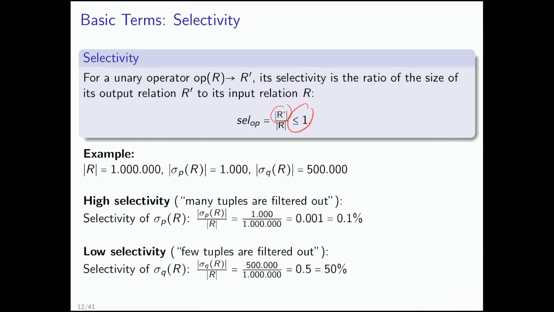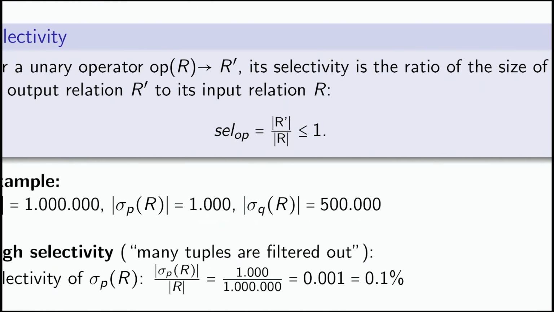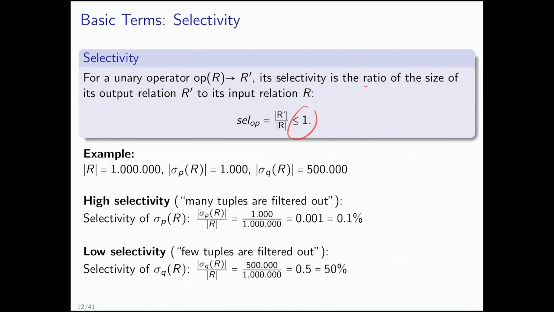You could also have operators that output 3 tuples for every input tuple. We didn't have that. But for a typical selection operator, for instance a filter operator, you can only get a subset of the tuples that are input to the operator, and therefore the selectivity will be smaller equal 1.